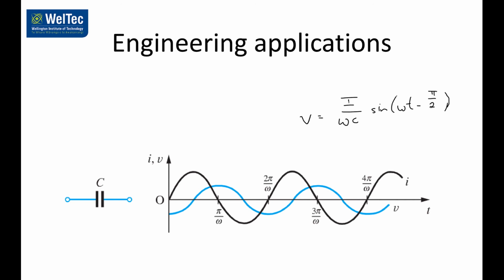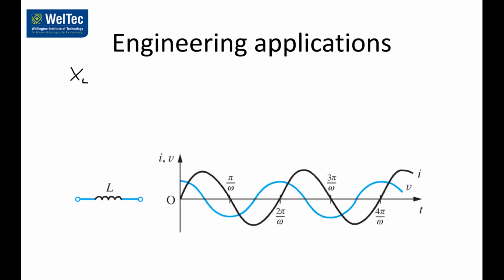I'm sure you electricals know that XL will be equal to 2 pi FL, and XC will equal 1 over 2 pi FC.